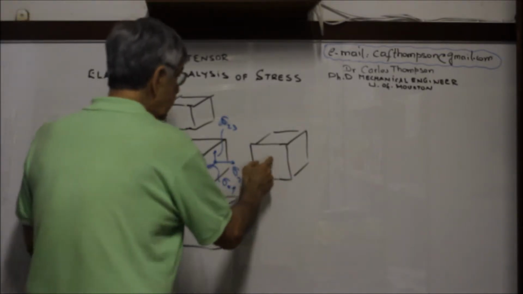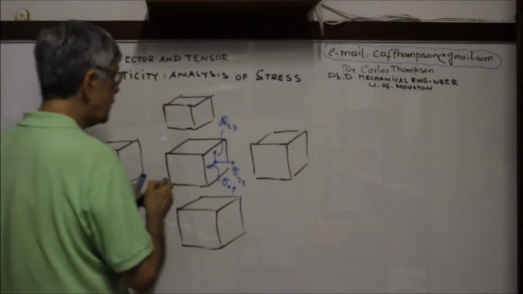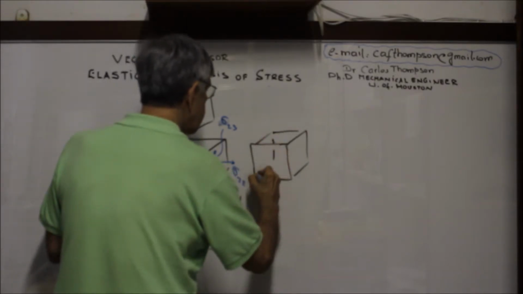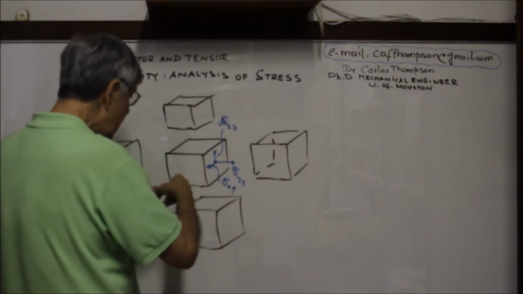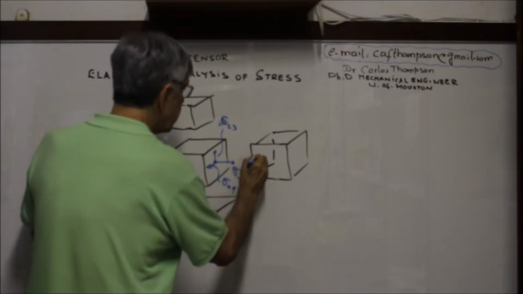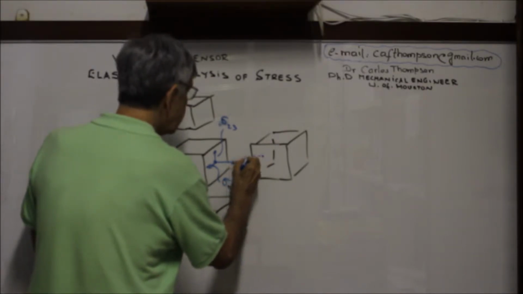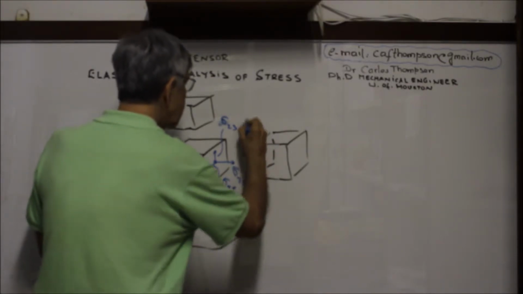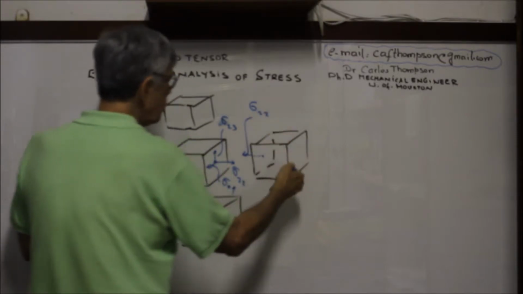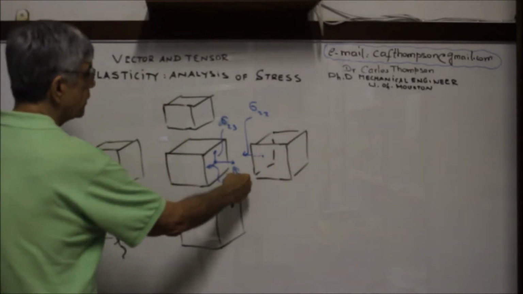Now, and this neighbor here, for the equilibrium, you have to have like this. So this will be sigma 2 in the opposite direction.